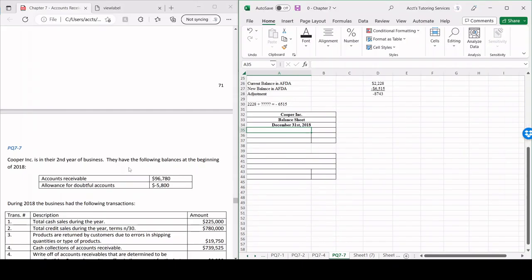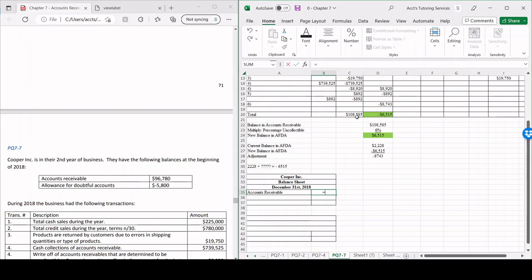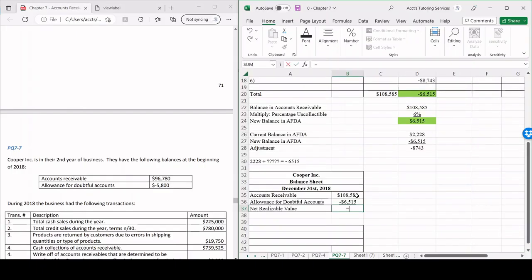And in this case, we're just going to have accounts receivable, which we know is 108,585. Then we're going to have allowance for doubtful accounts, which we know is negative 6,515. And we're just going to subtract these two, net realizable value. We're going to take the 108,585 plus negative 6,515 to arrive at 102,070.